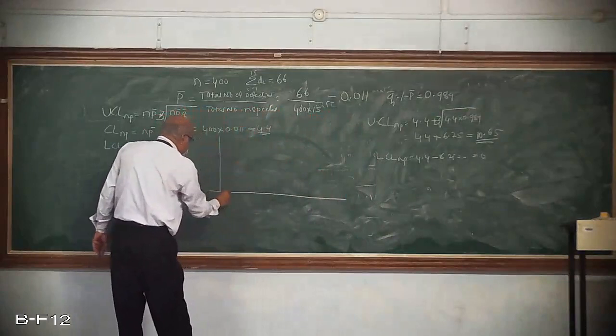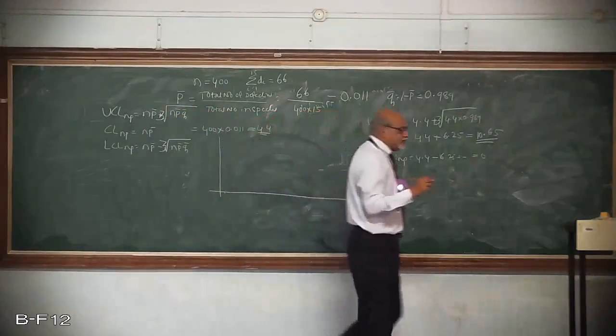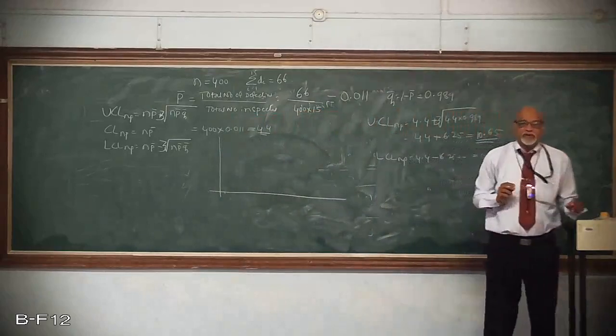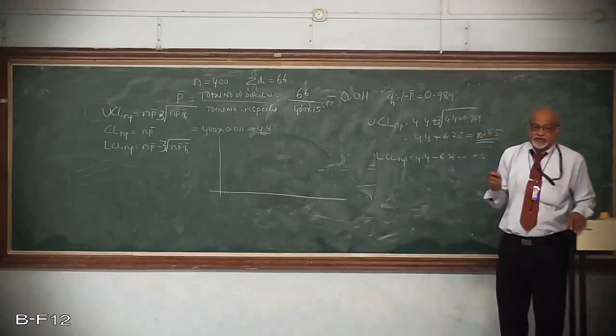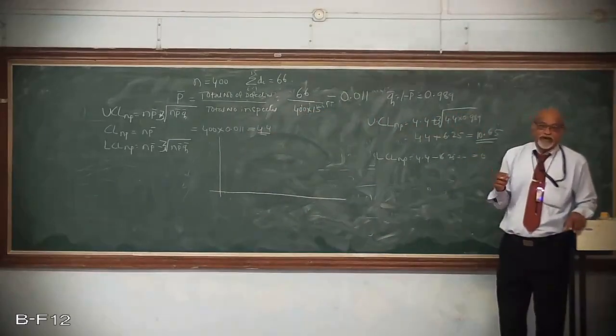So there are 15 points. I am taking the time so that I am explaining it in full, because, compared to the previous problem, it involves some other aspects which I want to drive at.